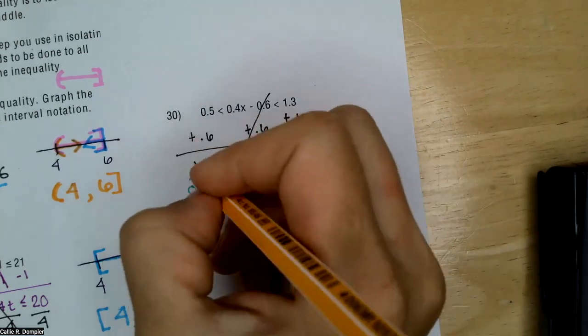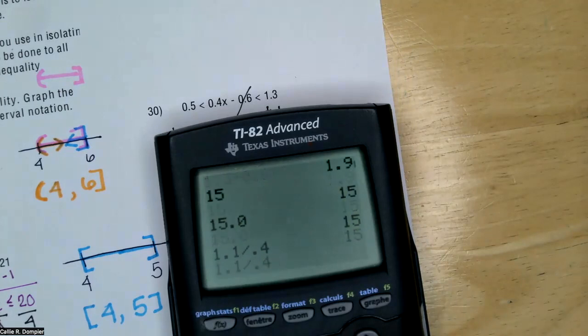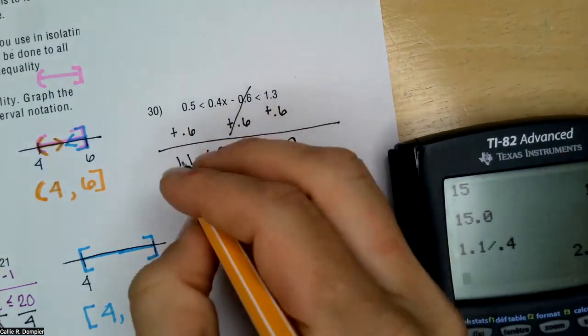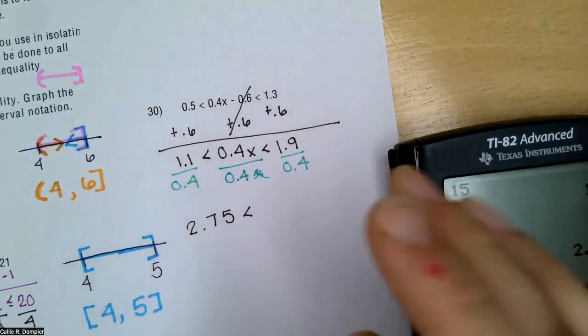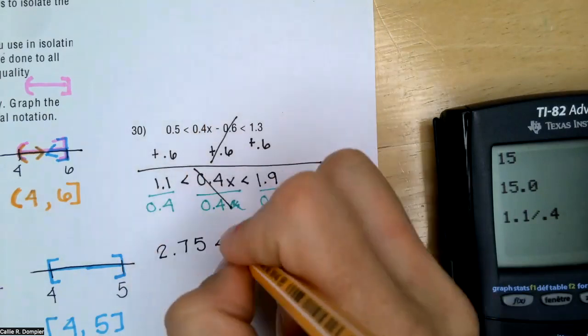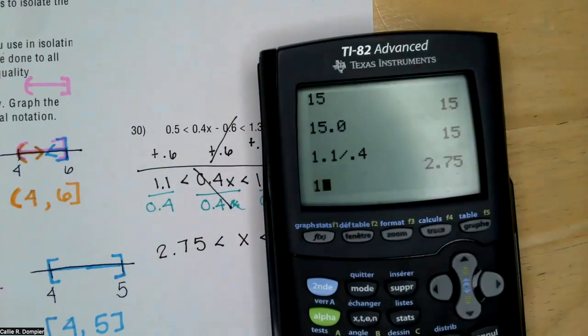All right. 1.1 divided by 0.4 is 2.75. Keep the sign the same. That is going to cancel and leave my x alone. Keep that sign the same. 1.9 divided by 0.4 is 4.75.